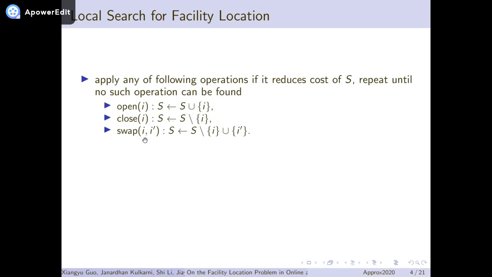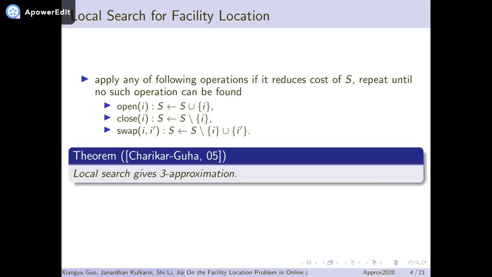Swapping two facilities means opening a new one and closing a currently open one. When we manipulate the facilities, we also rearrange the connections of the clients accordingly. These techniques provide a 3-approximation solution and can be improved to 1 plus square root of 2 by scaling.